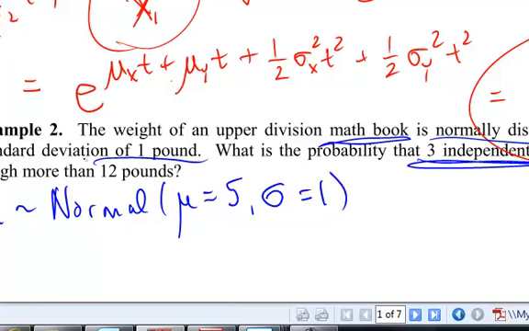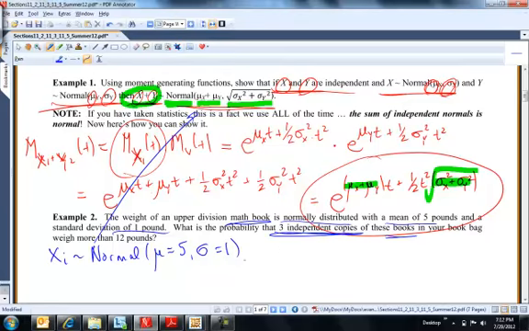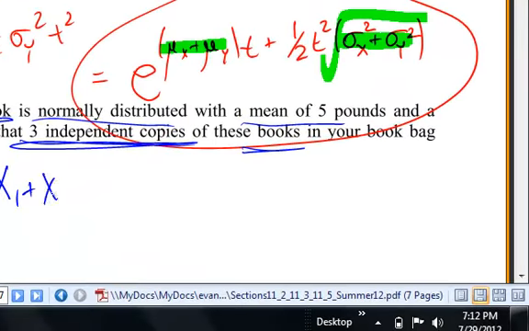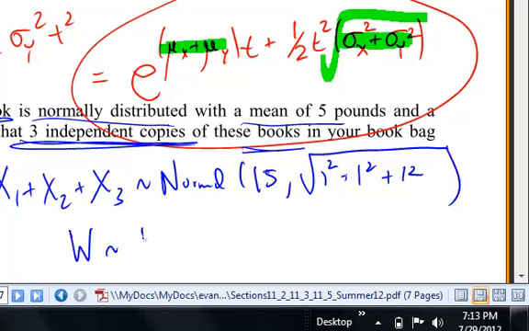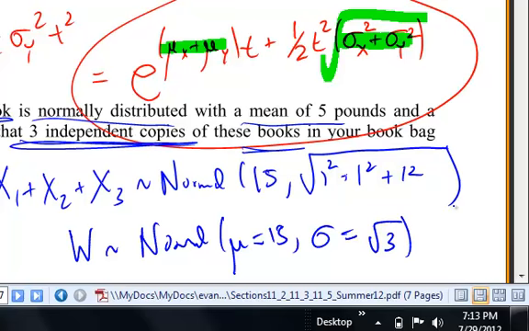So what this example is saying is, if we had 3 of these books in our backpack, then their weight should be normally distributed with a mean of mu1 plus mu2 plus mu3, which is 15, and the standard deviation is the square root of 1 squared plus 1 squared plus 1 squared. So the total weight, W, is normal with mu of 15 and sigma as the square root of 3.